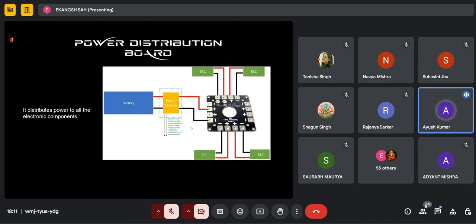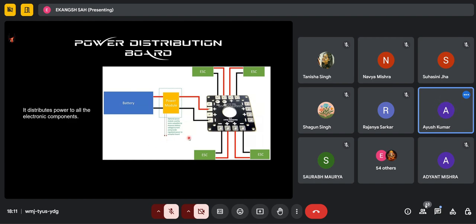This power module also has an inbuilt voltage regulator, which avoids any fluctuation in the voltage and provides the required voltage to all the components, which is generally 5 volt or 12 volt. This power module also sends the telemetry data, that is the battery status or the GPS location, to the ground control station so that it can be monitored and analyzed for future purposes.